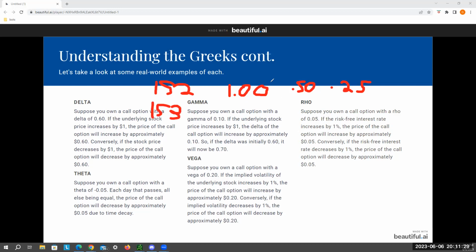That means your contract gained its delta, which is now worth 1.50. And your delta is now 0.75. Sorry. Why? Because that was the delta, right? It's just an example, just so you guys understand how it works. So stock price increases, you gain your delta, and your delta gains its gamma for every $1.